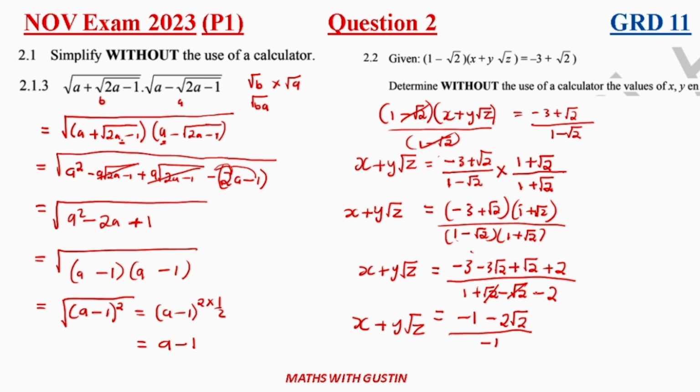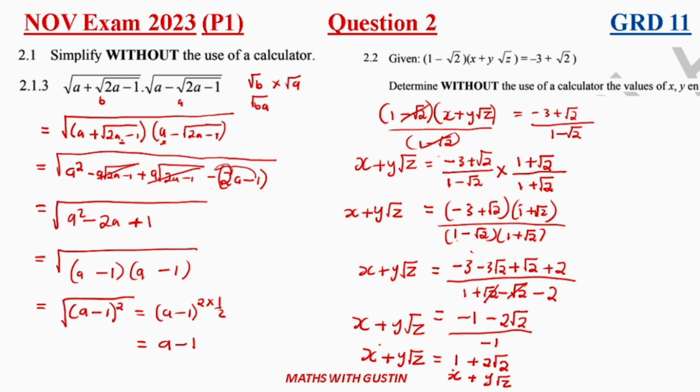If we continue to simplify this side, dividing by this negative 1 here, we're left with a positive 1 plus 2 square root of 2. Guys, please don't get confused. So if you have a look at this equation, it is as good as writing x plus y square root of z.